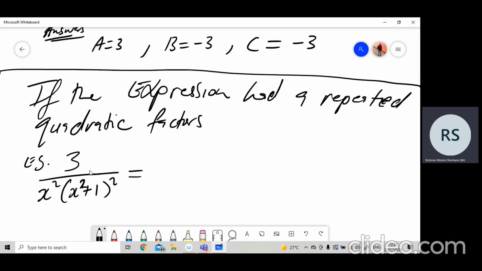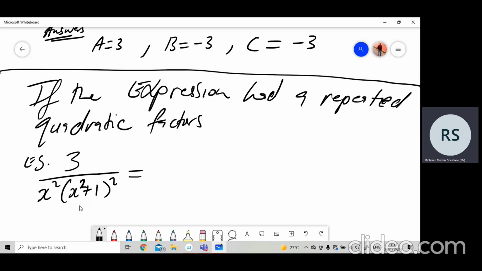As you can see, we can put this into partial fractions because the highest power in the numerator, which is 0, is less than the highest power in the denominator, which is, I think, x to the power of 6. So let's put this into the form of partial fractions.